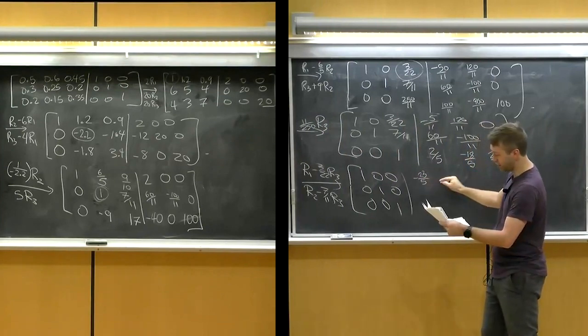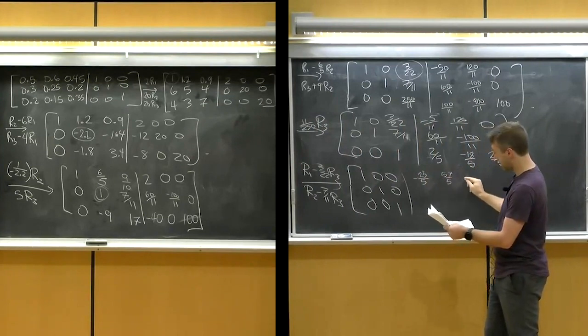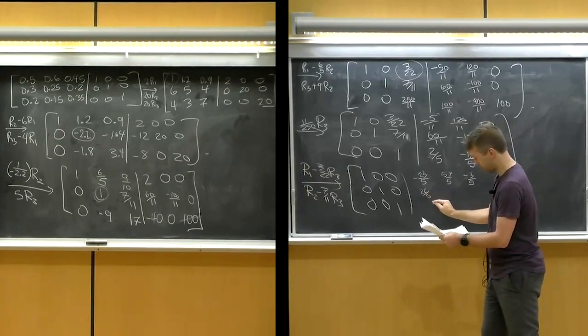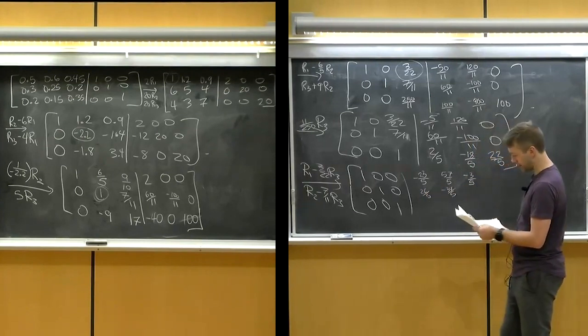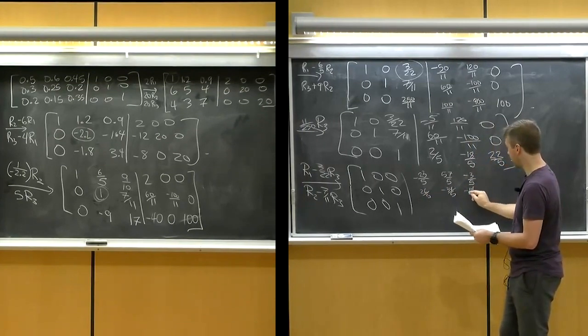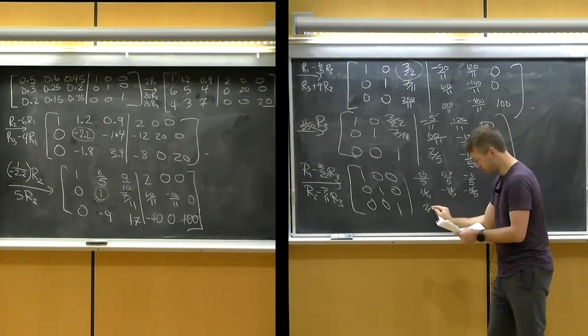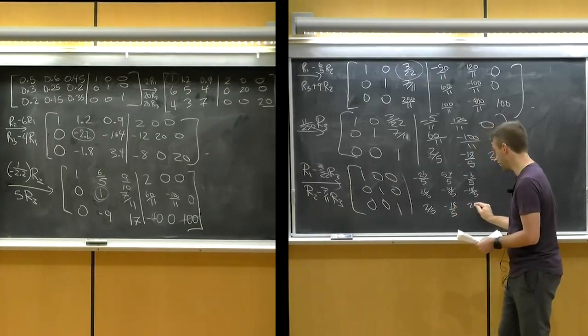This is negative 23 over 5, 57 over 5, negative 3 over 5, 26 over 5, negative 34 over 5, negative 14 over 5, 2 over 5, negative 18 over 5, and then 22 over 5.